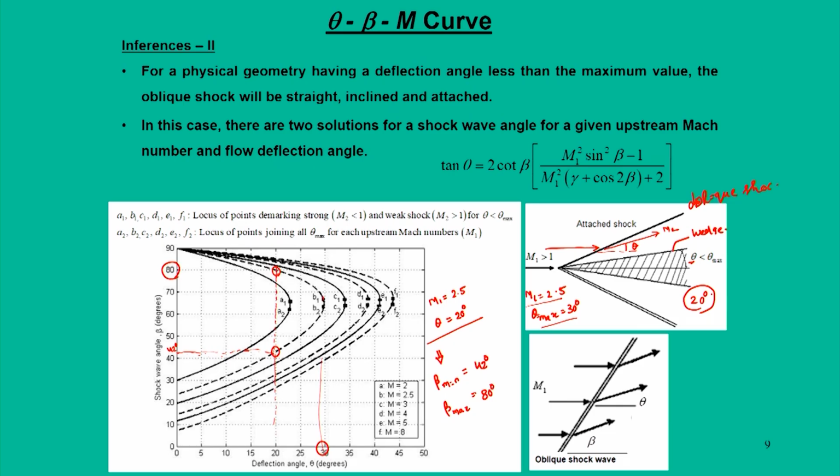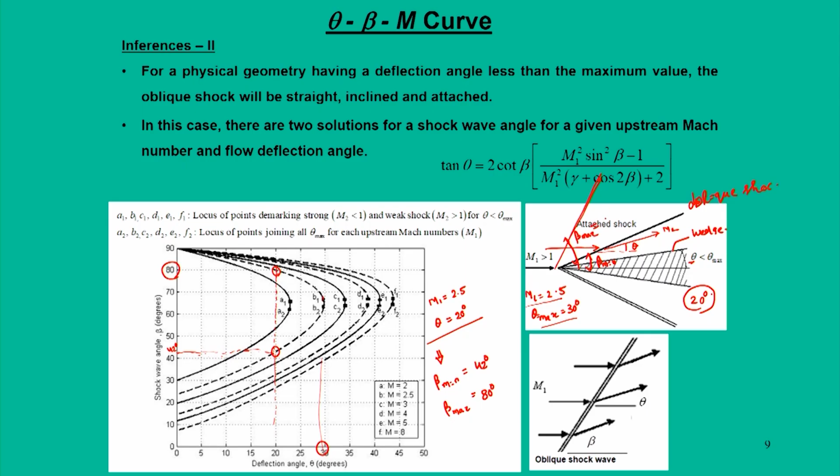So, in other words, what we can say, this attached shock has two possible solutions for which beta can be this beta min and this beta can be this beta max.